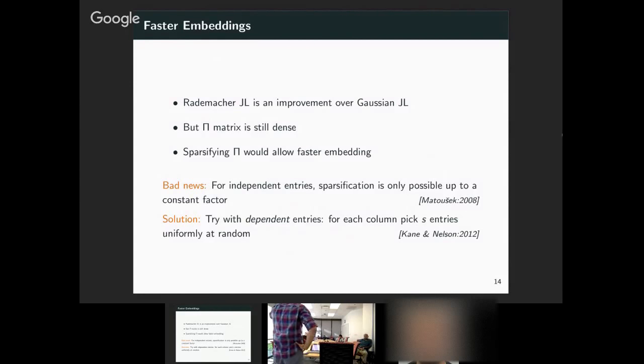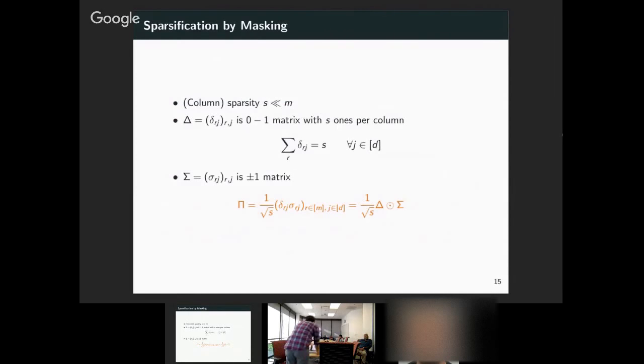Either we can pick a uniformly random subset, or we can partition in S blocks of size M divided by S, and in each of these blocks, we just select one coordinate uniformly at random. So for a certain column sparsity parameter, we choose S, that I'm going to specify in a couple of slides.